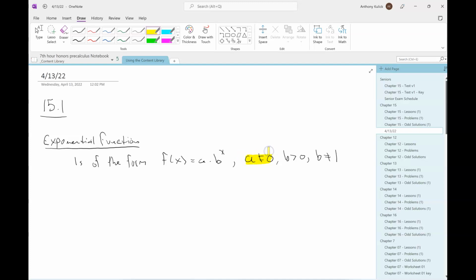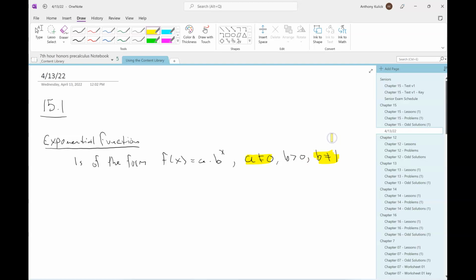So what would happen if a was 0? Right, so we'd end up with f of x equals 0, which is a constant function. We've already described constant functions as a special linear function, so it should not be considered exponential. That's why a isn't 0.